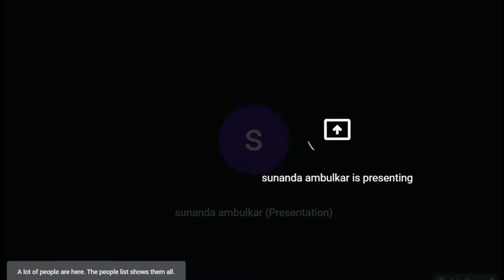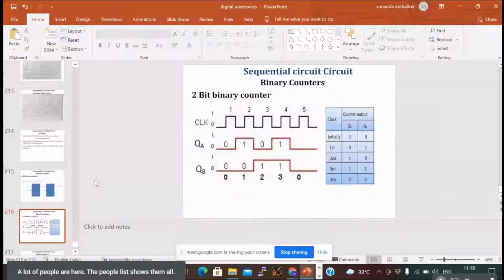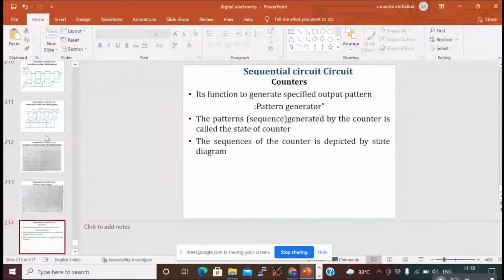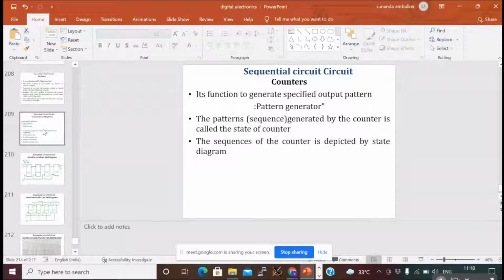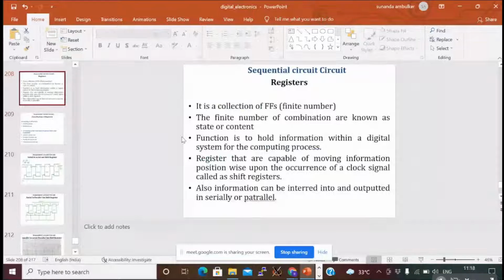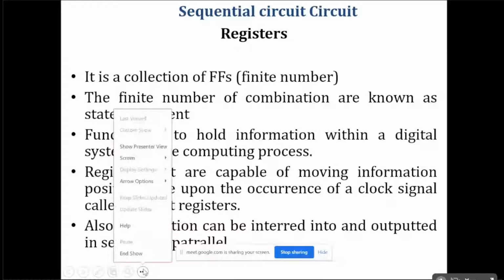Okay, so we'll see how we can implement registers with different flip-flops. I have already given a small description in the last lecture: a register is just a collection of a certain number of flip-flops.